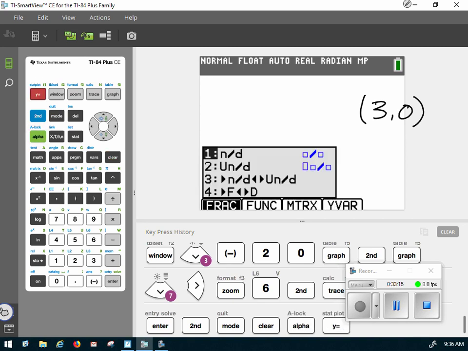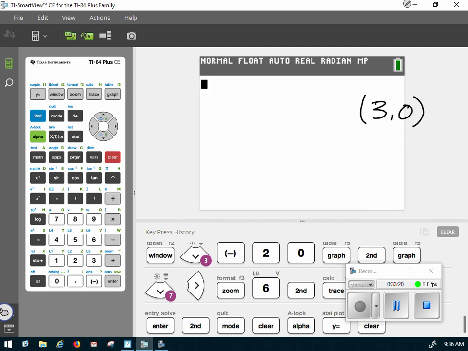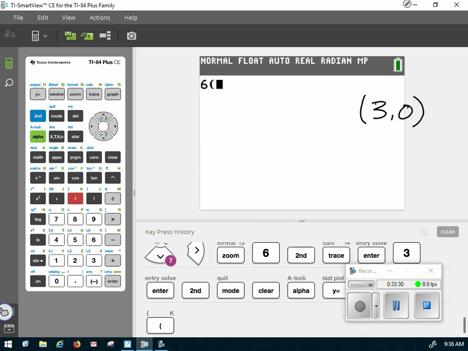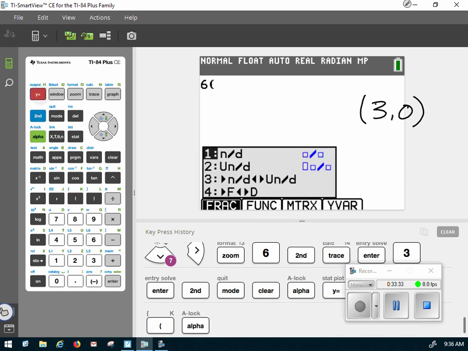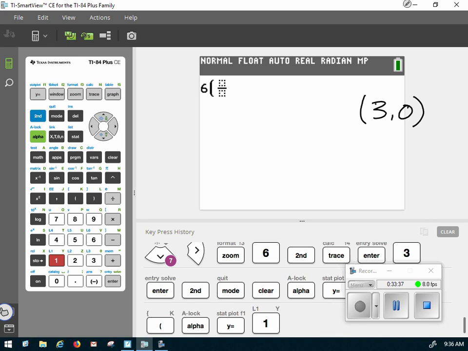Alpha y equals is how you put in a fraction. But on that one, it says 6 times x to the 4th. So you're going to do 6. And then you're going to do parentheses. Alpha y equals option 1.